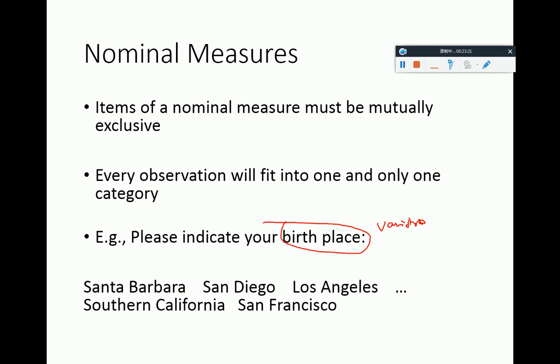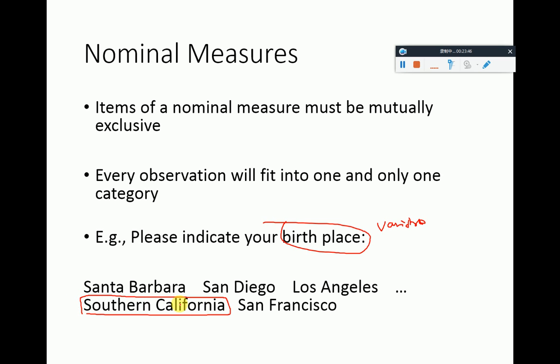Okay, I assume that all of you got the answer. This is a bad nominal scale exactly because the choices are not mutually exclusive. The problem is right here.